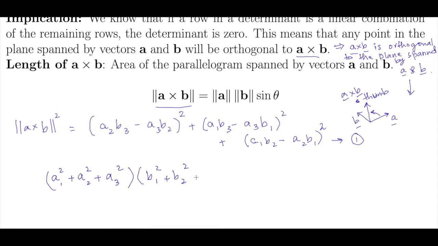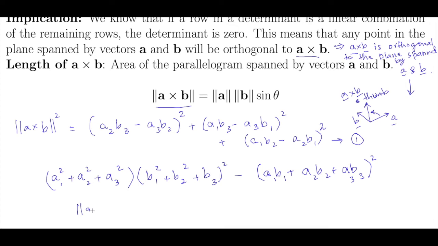B2 squared plus B3 squared minus, and then minus I can write A1 B1 plus A2 B2 plus A3 B3 squared. Okay, now this is what?